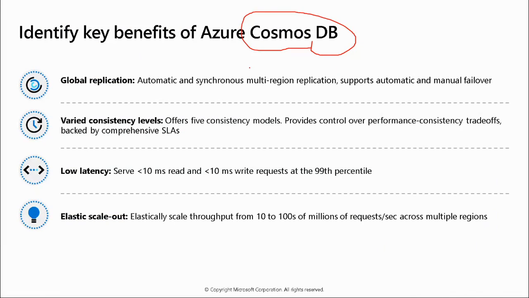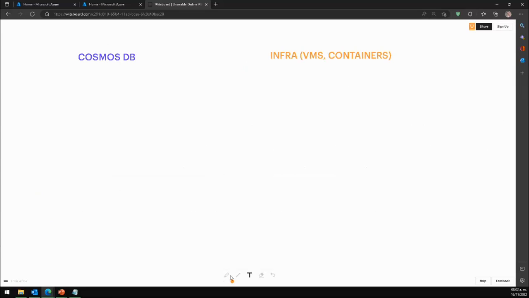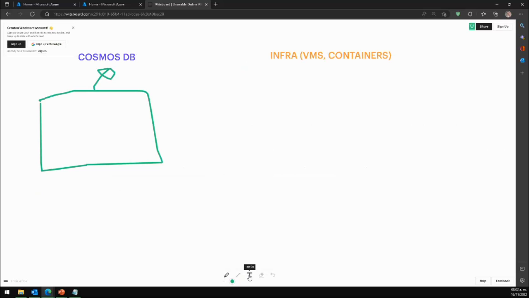You put your code inside, and right here, we put databases inside. Just let me try to draw it. Right here, guys, we have, for instance, this Cosmos DB account. Inside, we can put our databases.